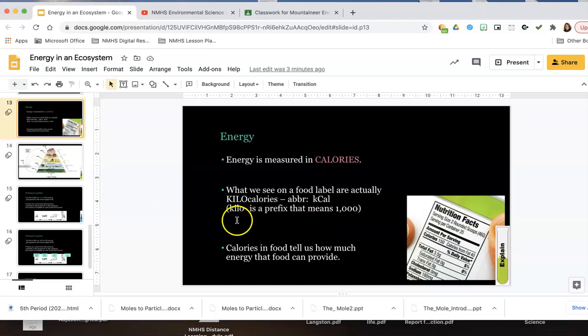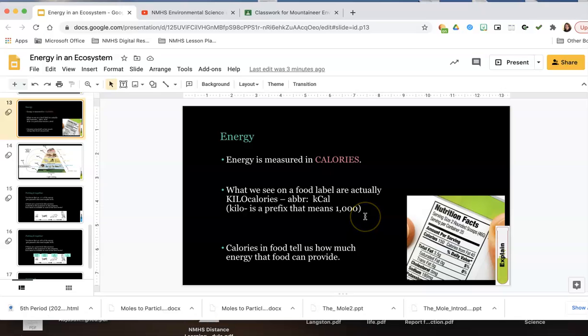Kilo means 1,000. So 1,000 calories is what we call 1 kilocalorie, or 1 Calorie nutritionally. So if this is 150 calories for a serving or 2 scoops, it's 150 kilocalories, which technically is 150,000 calories with a little c, not a big C. So you have different types of calories.